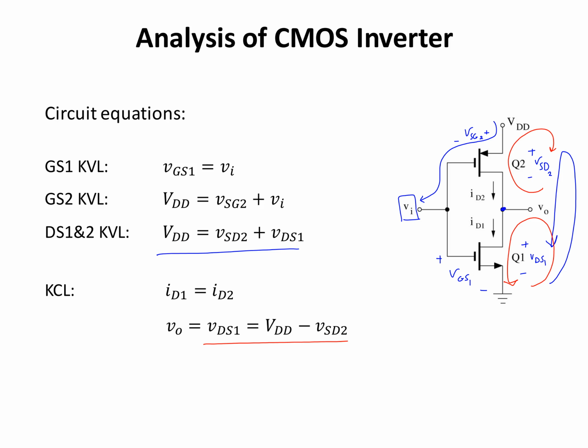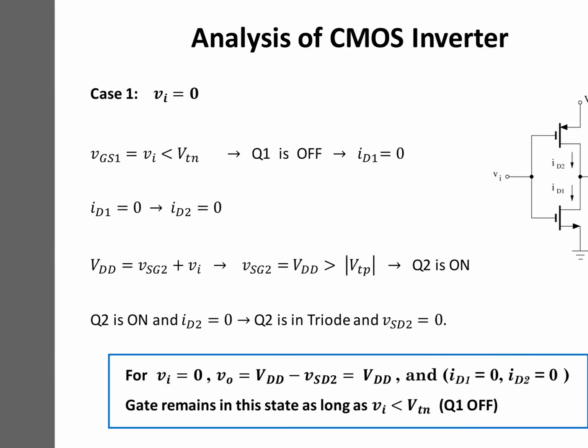Okay, now that we have these equations, let's study two cases: when VI is high, or VDD, and when VI is equal to 0 volts, which is a low state for the input signal.